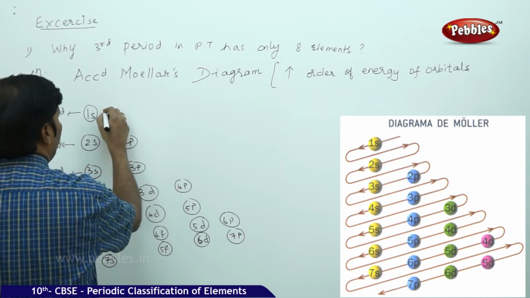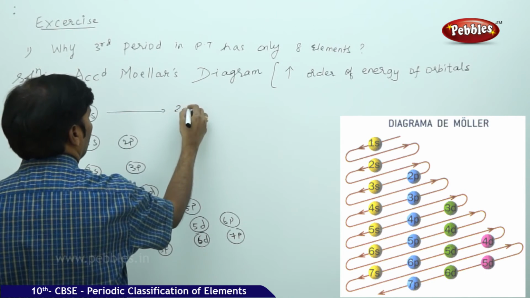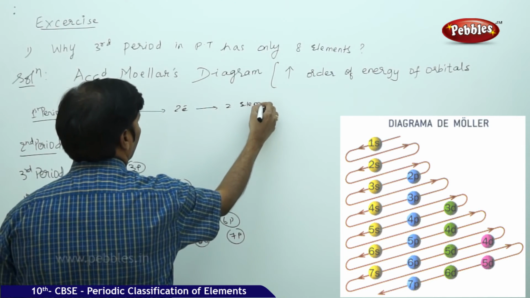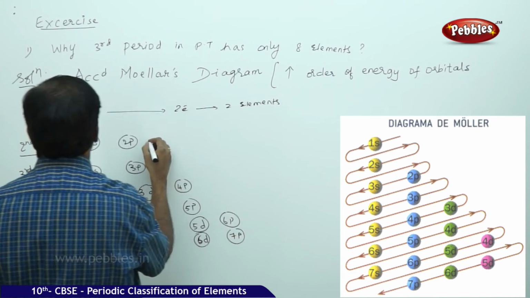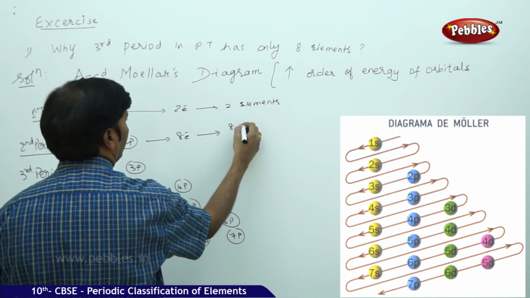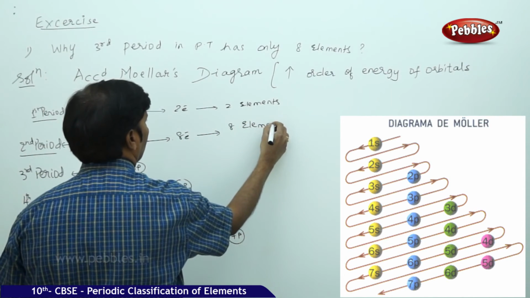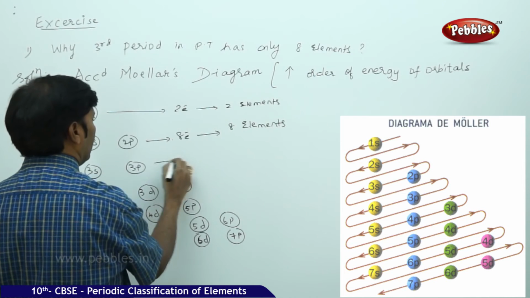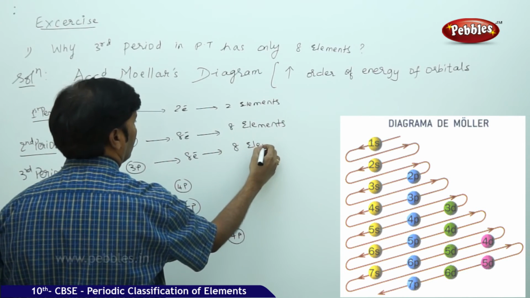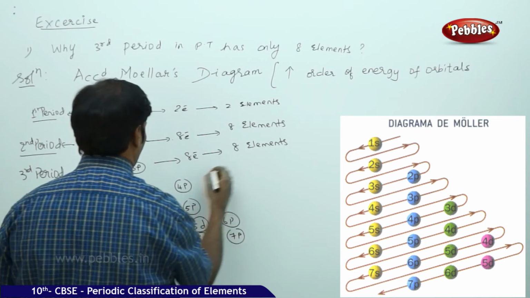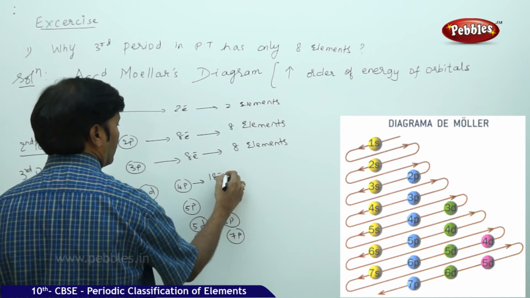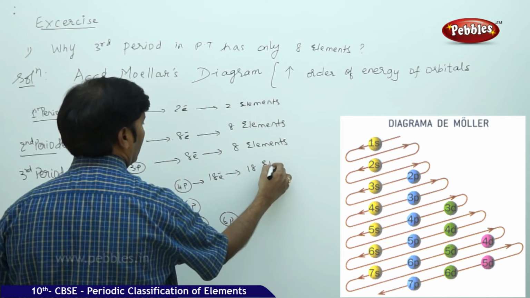So in the first period we have 2 electrons, which corresponds to 2 elements. In the second period it corresponds to 8 electrons with 8 elements. Third period again 8 electrons with 8 elements. Fourth period corresponds to 18 electrons with the 18 elements.